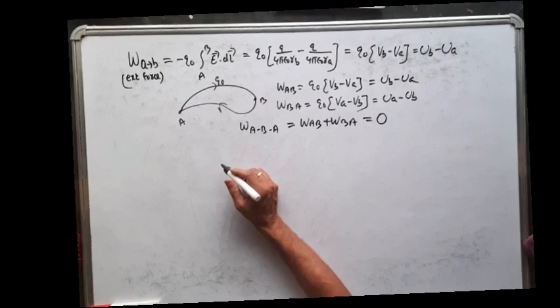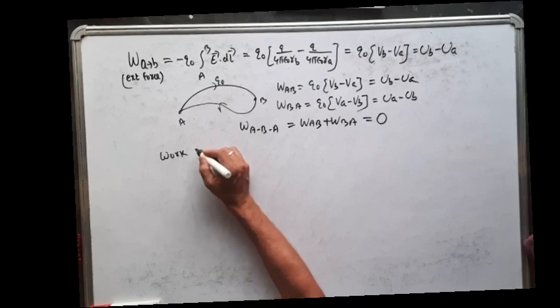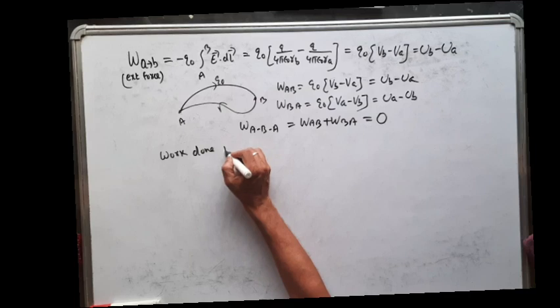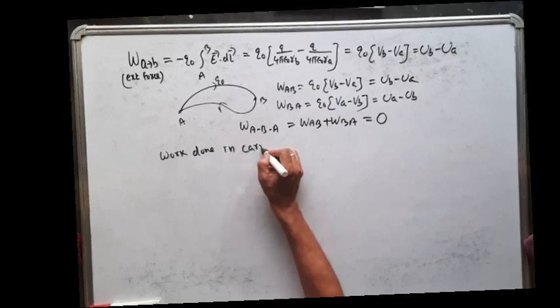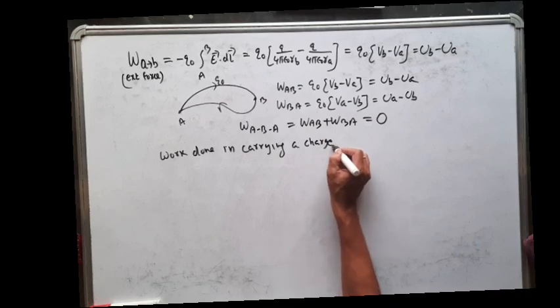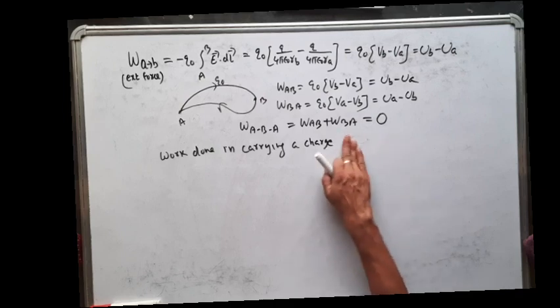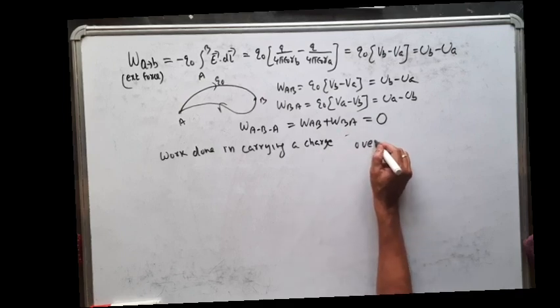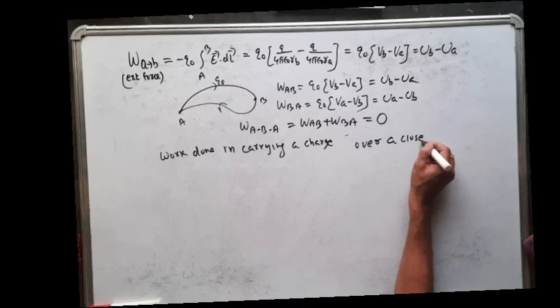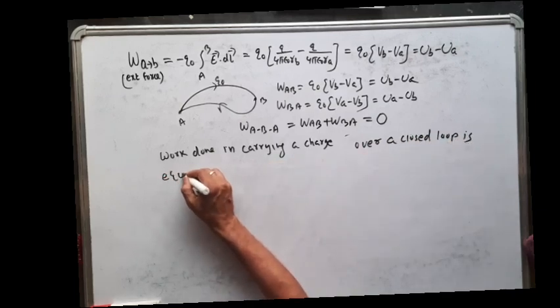The conclusion is that the work done in carrying a charge over a closed loop is equal to 0.